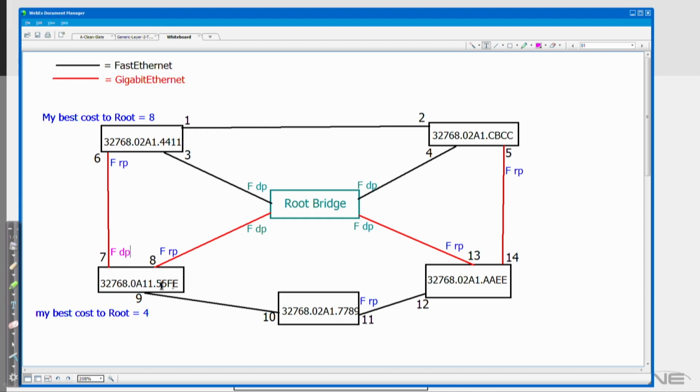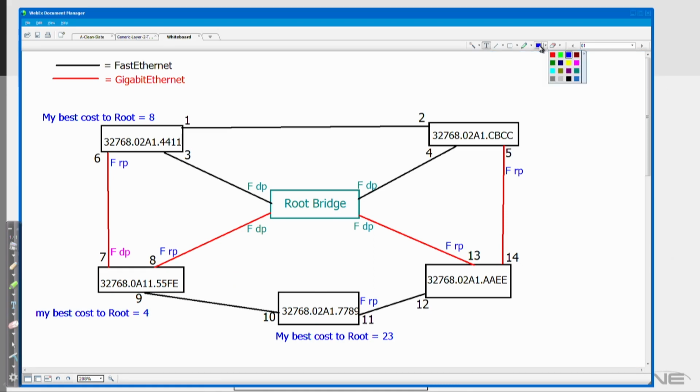All right, what about between 55FE and 7789? Well, 7789 at the bottom, he says my best cost, which is based on the root port, to root equals, what is it? 23, 19 plus 4. So between 55FE and 7789, 55FE is the winner.